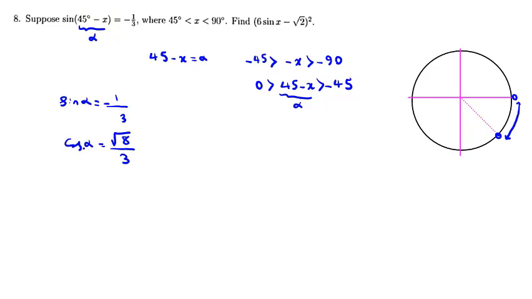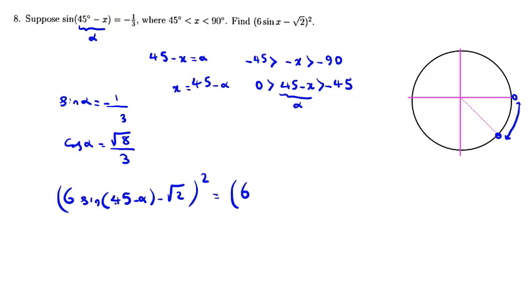Now you use sine squared plus cos squared equals 1. So here we want what? 6 sine x. x is what? x will be 45 minus alpha. So the problem says find (6 times sine of (45 minus alpha) minus root 2) all squared. Sine 45 minus alpha, you can factor root 2 over 2: sine 45 times cos negative alpha, which is cos alpha, plus cos 45 times sine negative alpha, which is negative sine alpha.